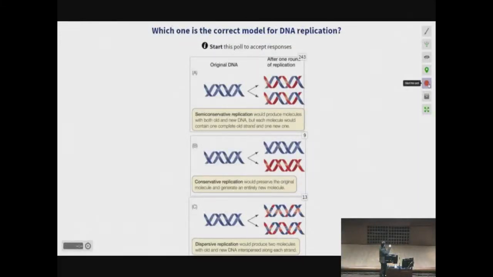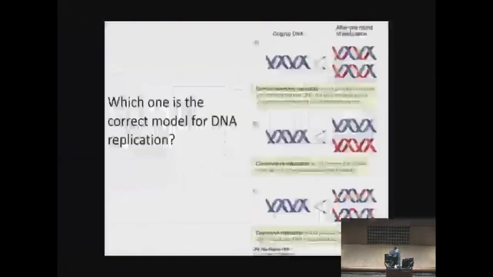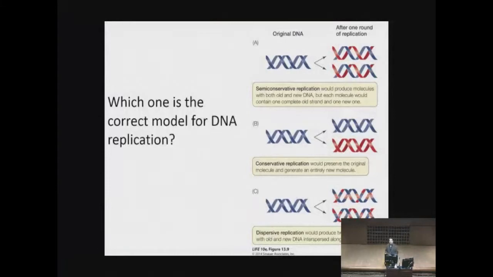As you see, 243 of you picked semi-conservative replication, and that is correct. One of those strands becomes the template for one of the new DNA, and the other strand becomes the template for the other new DNA.